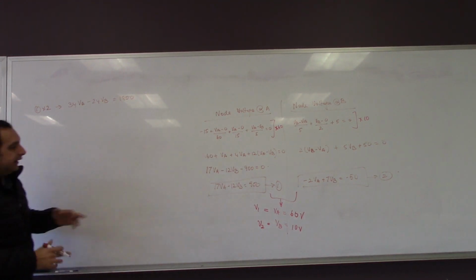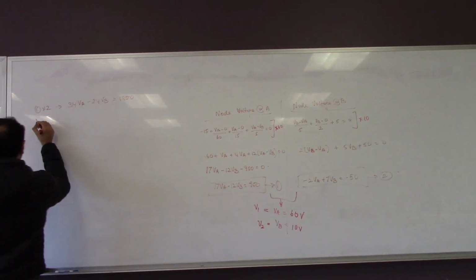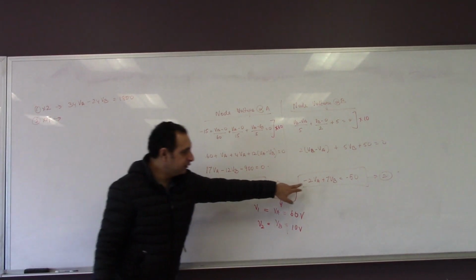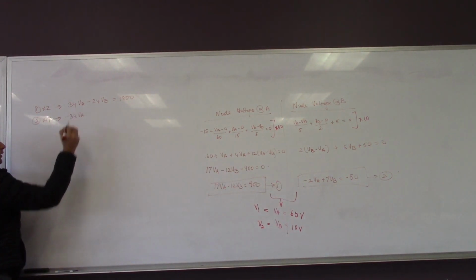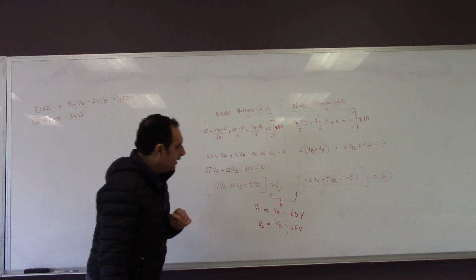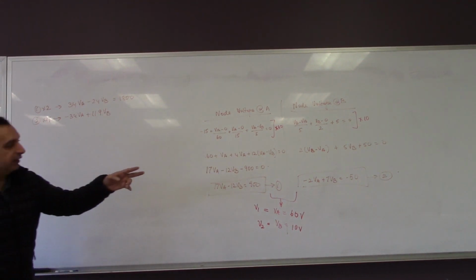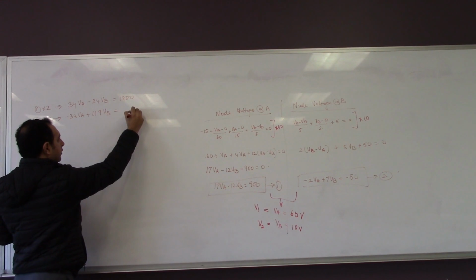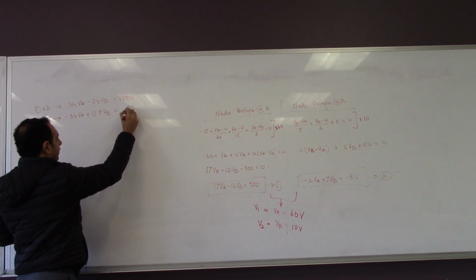Okay, and then I'll multiply this by 17. So if I multiply equation 2 by 17, 2 times 17 is 34. So that will be equal to minus 34 VA. And 17 times 7, right? So 49, 9 carry 4. So 17 times that will be equal to 5.